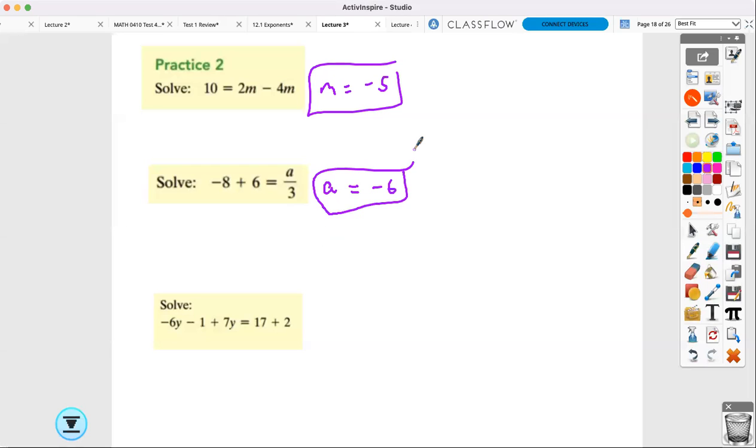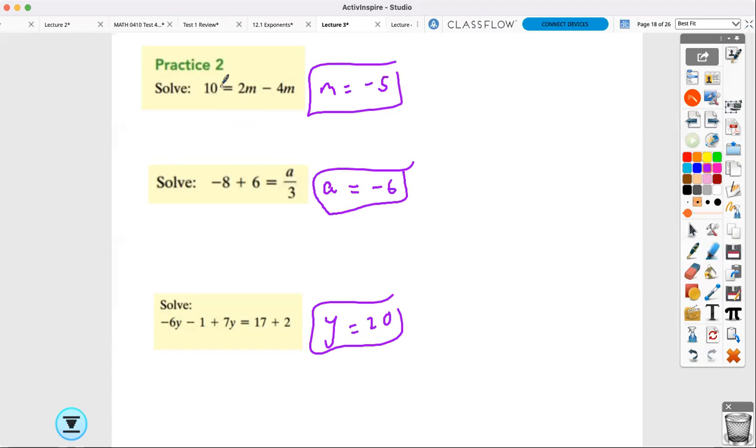Great job on the second one. Now let's go ahead and put our solutions for the last one. So y equals 20.